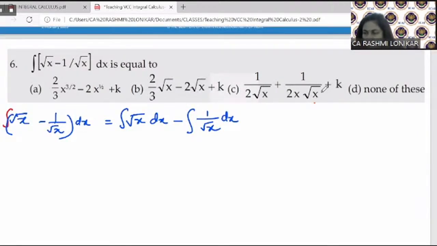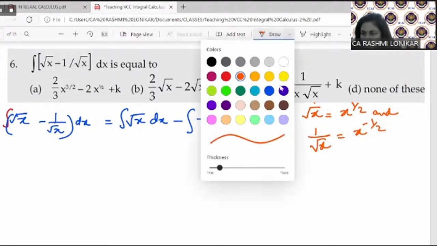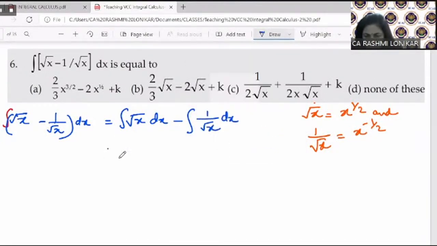If you remember all these things, you must remember that root x can be written as x raised to half, and 1 upon root x will be written as x raised to minus half. This is very important that you remember this. So this is equal to integral of x raised to half dx minus integral of x raised to minus half dx, right?